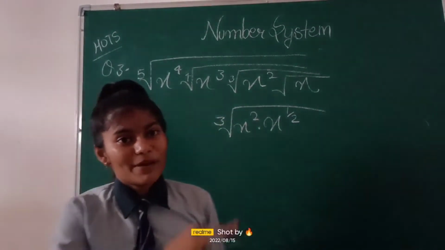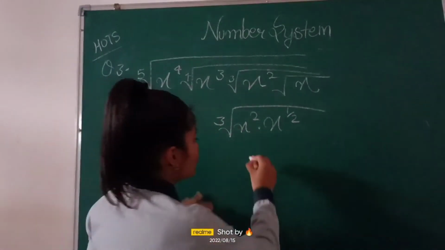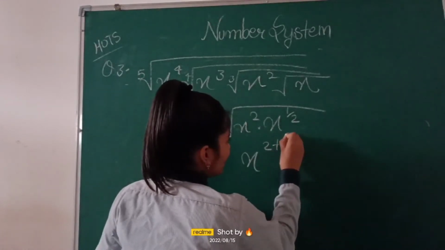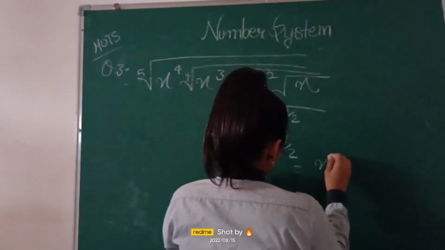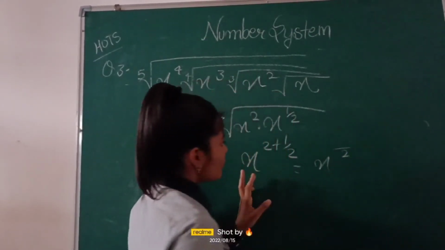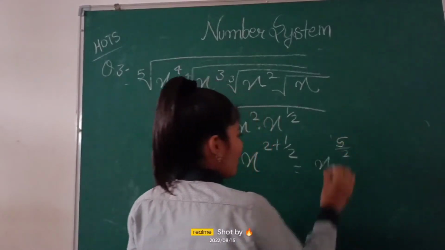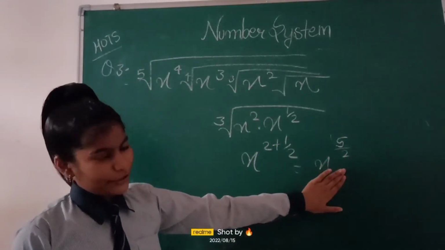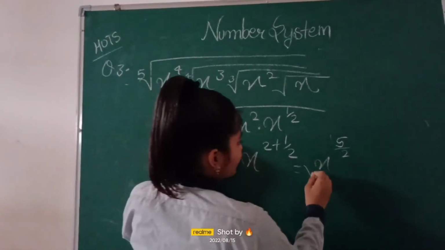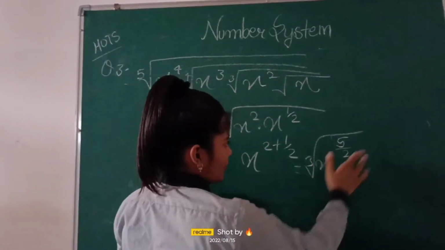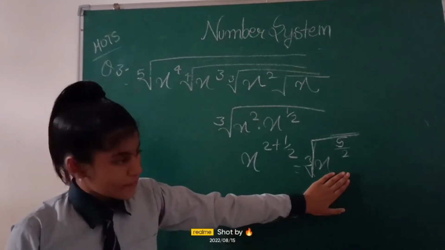Now firstly, we know if the bases are equal, the exponents or powers will get added. So x to the power 2 plus 1 by 2, which is 5 by 2. This is x raised to the power 5 by 2. Now we have the cube root of this value.